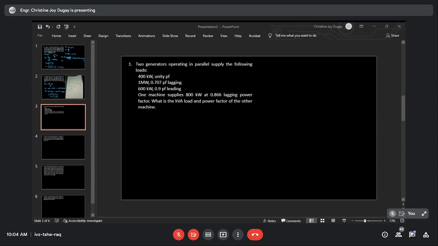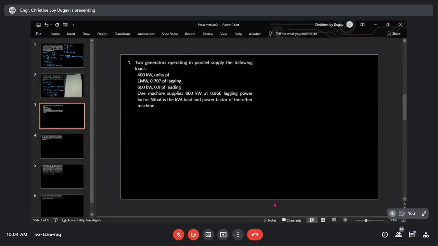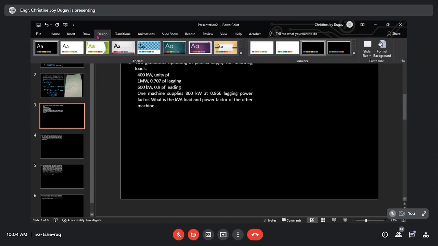Ganun lang yun. So if that's the principle we are going to use, so supplying. So ibig sabihin, ang load natin is 400 kilowatt. These are the loads, no? So ang total load natin, it should be equal siya ngayon kay kanino?